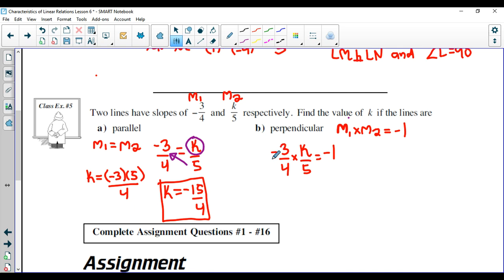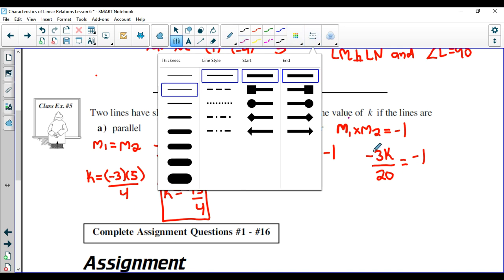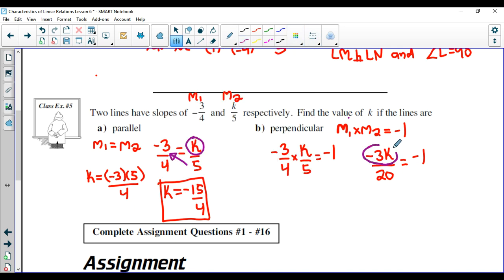Okay, let's simplify the left-hand side of the equation. So negative 3 times k would just be negative 3k. And then 4 times 5 would be 20. And this would be equal to negative 1. Now, we need to isolate for the value of k. So first of all, let's get the negative 3k isolated. We'll do that by cross-multiplying, bringing this 20 up to the other side.